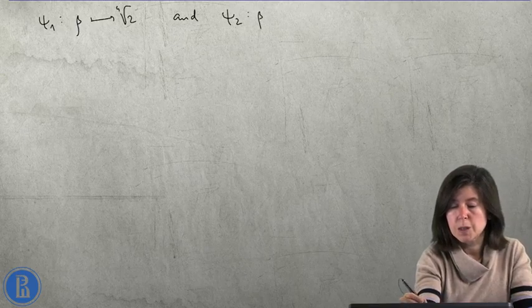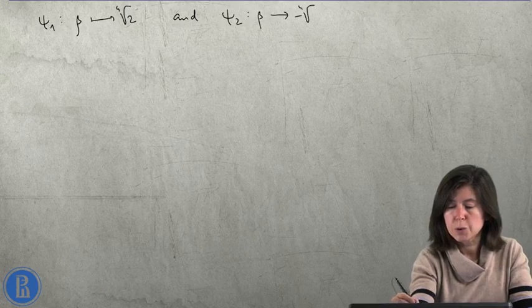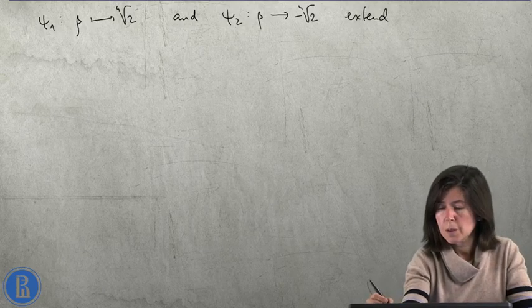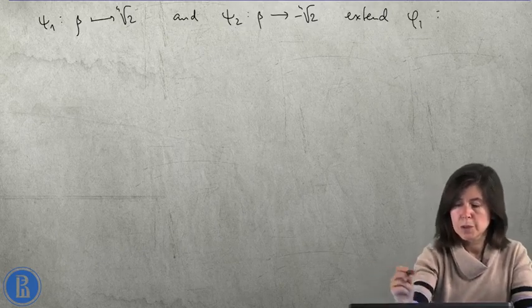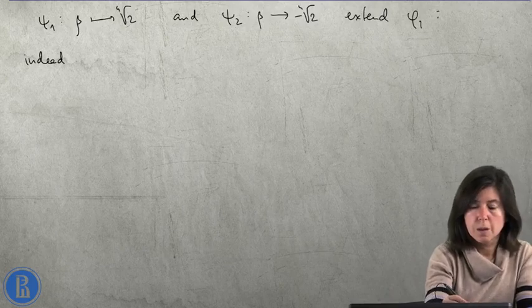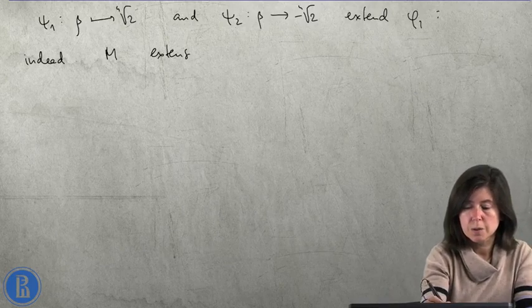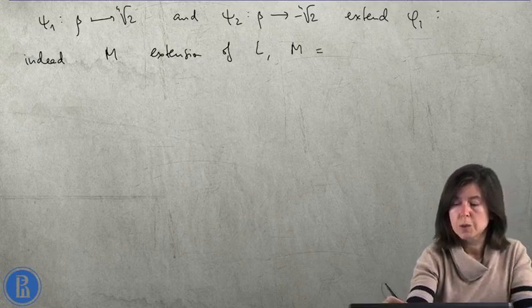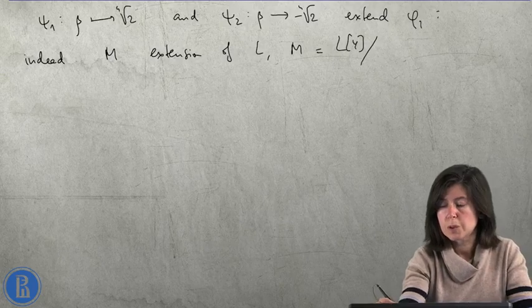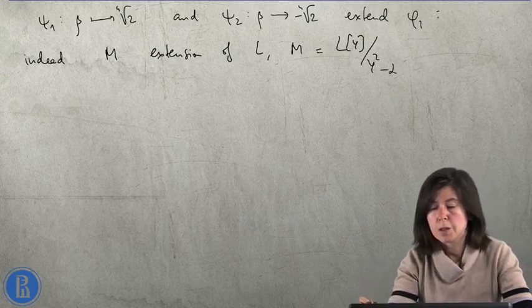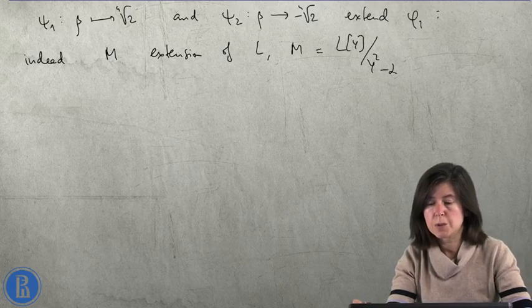Now, psi 1 sending beta to the fourth root of 2, and psi 2 sending beta to the minus fourth root of 2, extend phi 1. Indeed, M is an extension of L. M is L of y over y squared minus alpha, and so our psi extend something which sends alpha to the square root of 2.